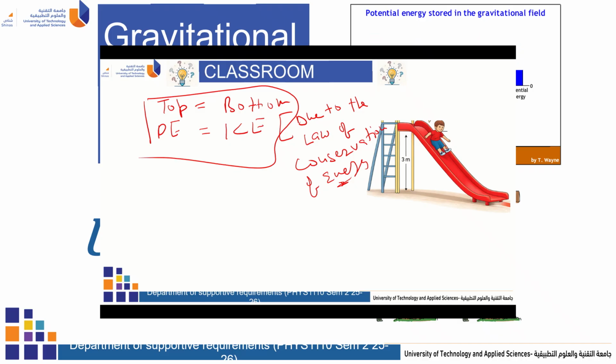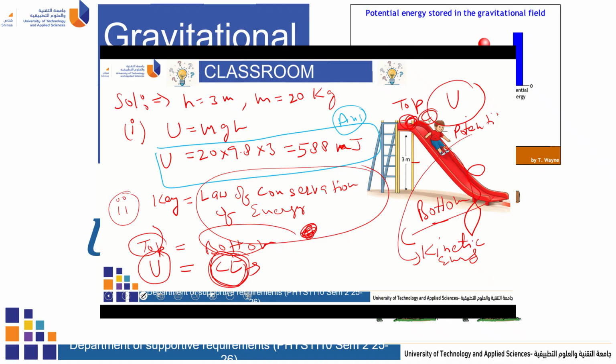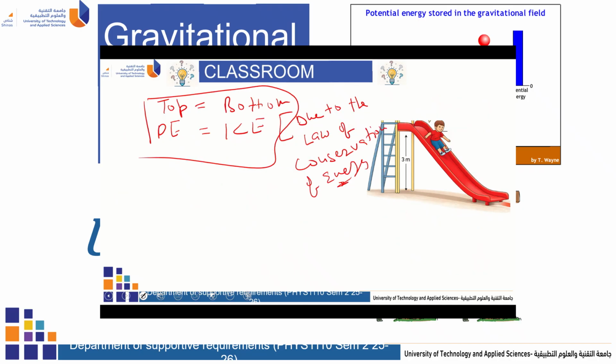Already in part one, we found the value of the potential energy, that is 588 joule. This potential energy, or the U, I am keeping here.